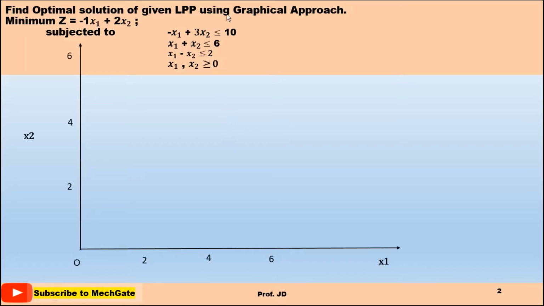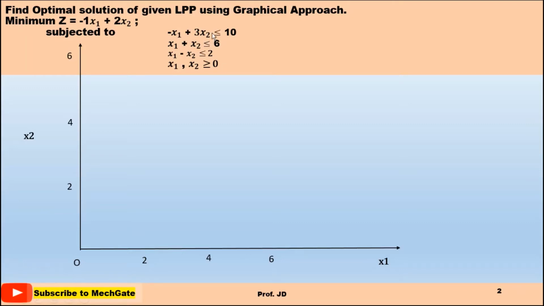To draw the first constraint, put x2 equal to 0, you will get x1 equal to minus 10. So on the x1 axis, minus 10 will lie somewhere over here, right? Extend this line and select that point x1 equal to minus 10.